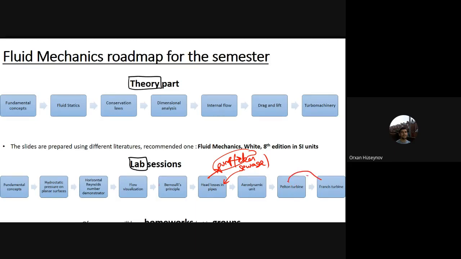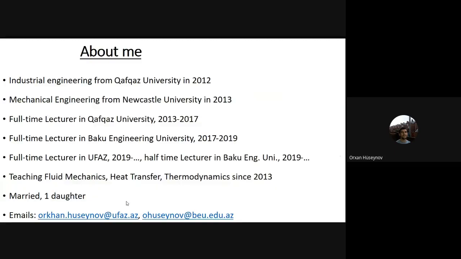These two turbines are used to produce electricity. These are very famous turbines, and in any hydroelectric station, you can see these two turbines, the Pelton turbine or the Francis turbine. These are very famous, even in Azerbaijan or any country of the world. And these will be the lab sessions for this semester.